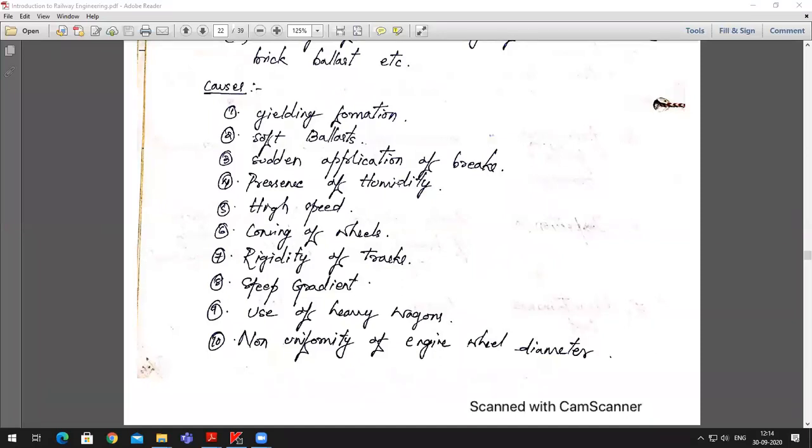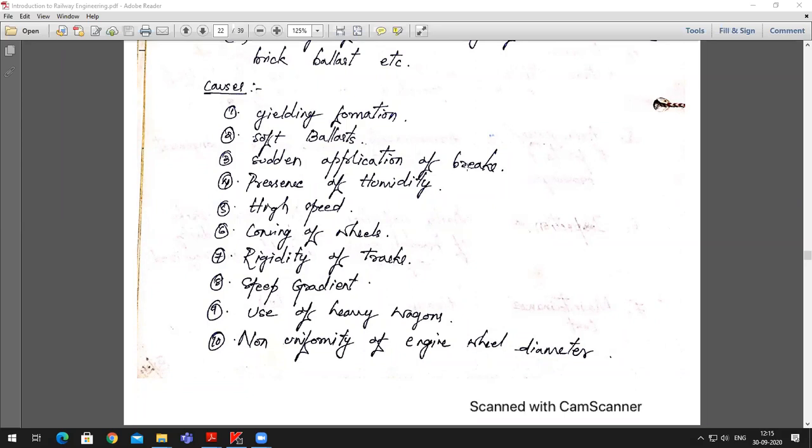Now this presence of humidity is normally prominent in places where you have tunnels. So I suppose you have traveled in train, and you might have come across such situations where the trains will be moving into tunnel. Okay, so tunnels, you don't have direct supply of sunlight. So these rails are not normally exposed to sunlight as the other sections of the railway track.